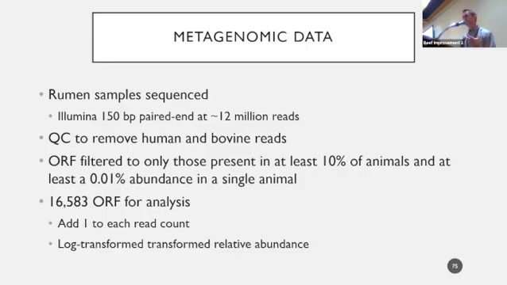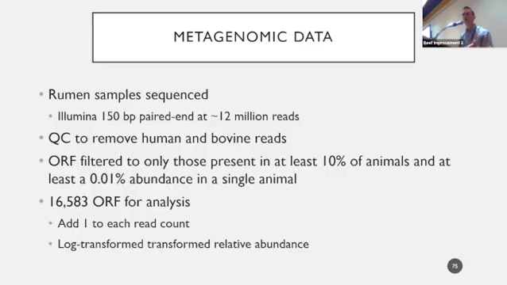The microbiome features that we used are open reading frames, ORFs. Don't worry if that doesn't mean anything to you; I'm still struggling with what that means to me. But it gets closer to the function of the features in the microbiome beyond just OTU or species level. We wound up with about 16,580 of these open reading frames, features of the rumen microbiome, left for downstream analysis.